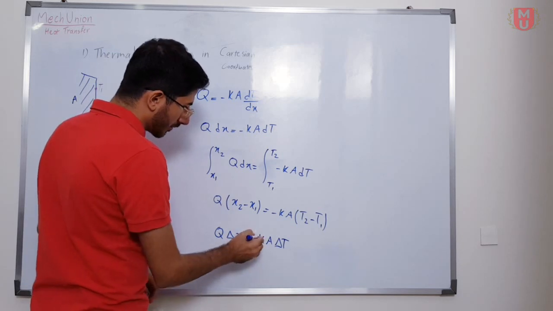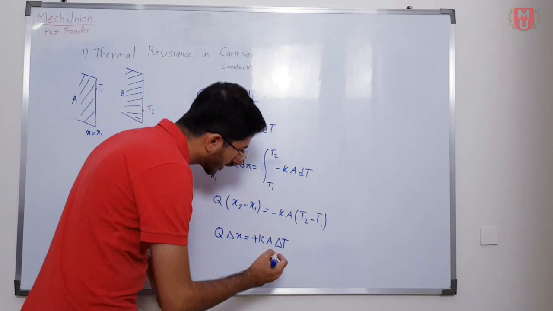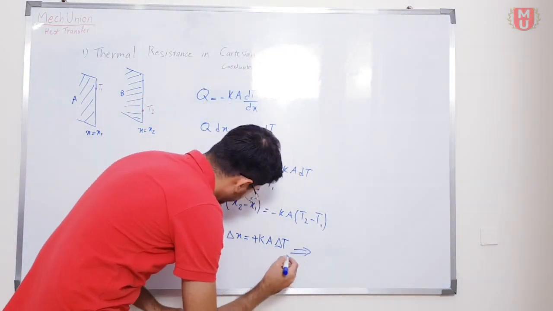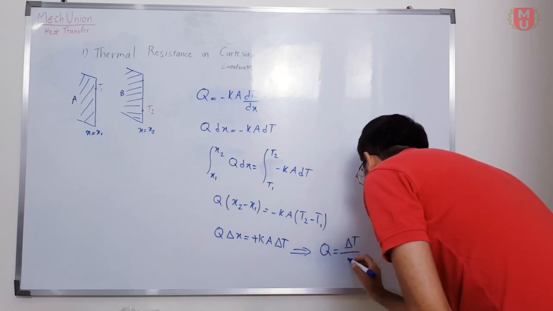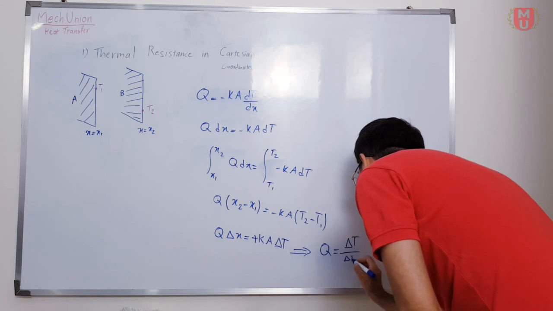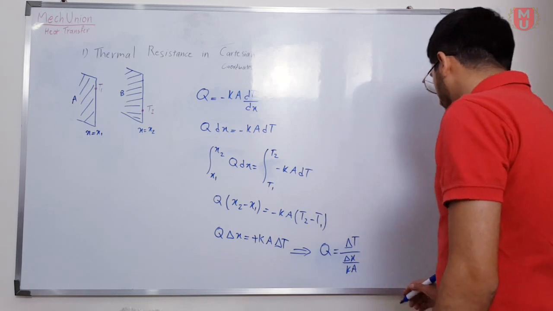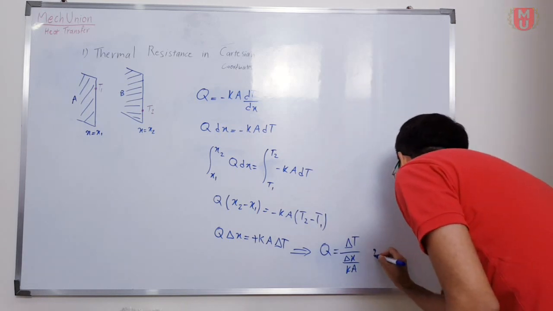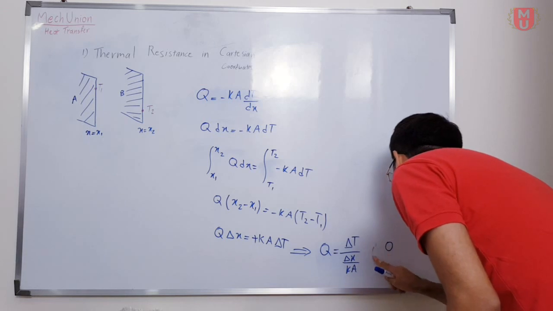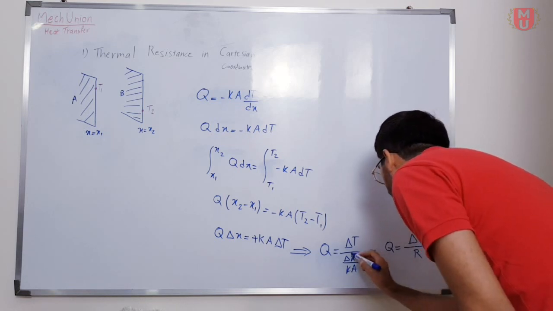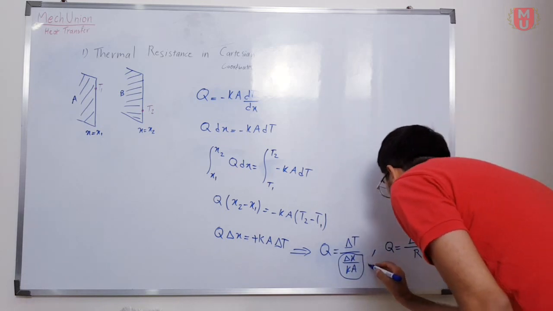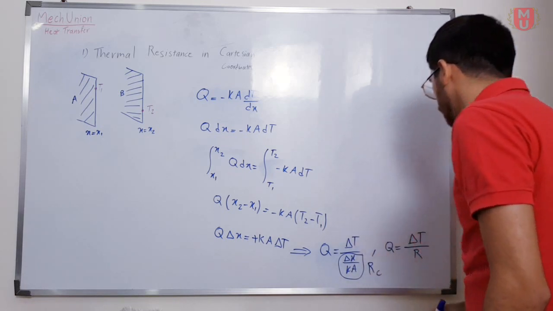It will become plus, and then we will have Q equals delta T over delta x over kA. And if you compare with the formula that we had earlier, Q equals delta T over R, it shows that this term is R in Cartesian coordinates.